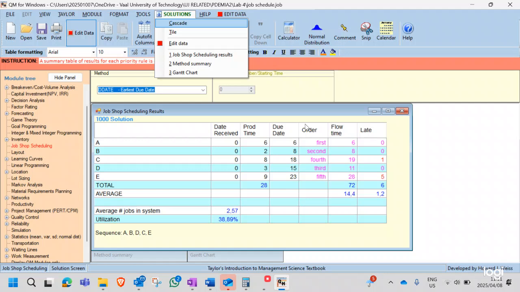The second one was the one at 8. The third one was the one at 11. Do we have 11 there? Huh? Yeah, 18, sorry. Is it 18? 15 is the third one. Yeah, 15. And then the fourth one is the one at 18. The fifth one, 23. Okay?